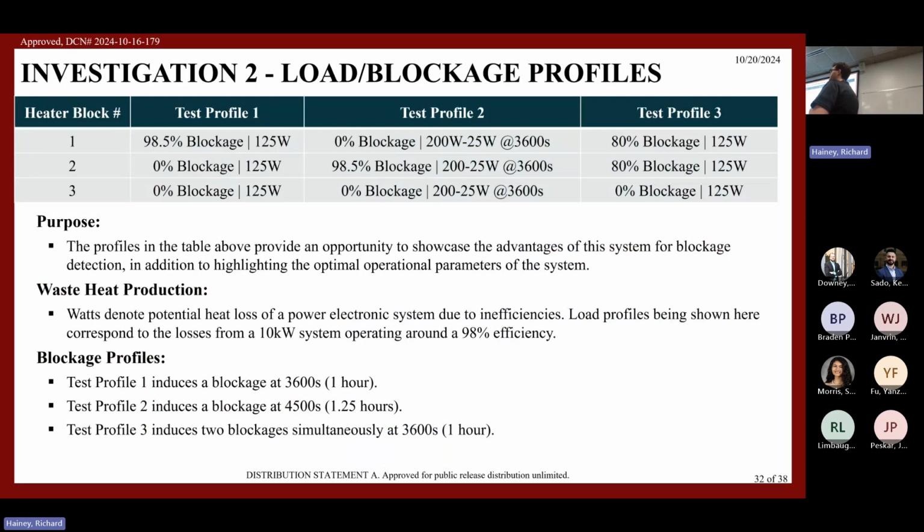In the second one, we induced that same blockage profile in heater block 2, just to make sure that the first one and the second one actually reacted in the same way. In the second one, there's also a cooling behavior, just to make sure it works with cooling as well as heating. And in test profile 3, we induced a blockage within 2 of the converters at once to make sure that they both would get flagged and a blockage would get detected.